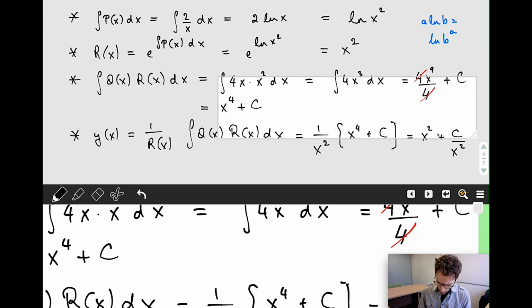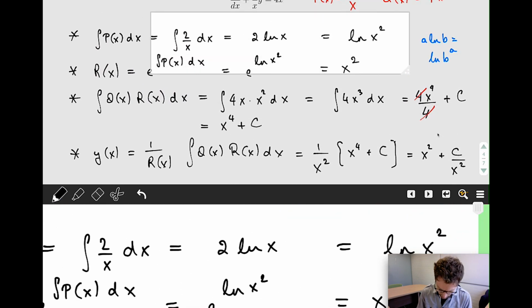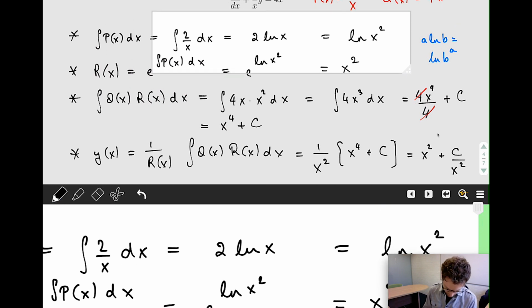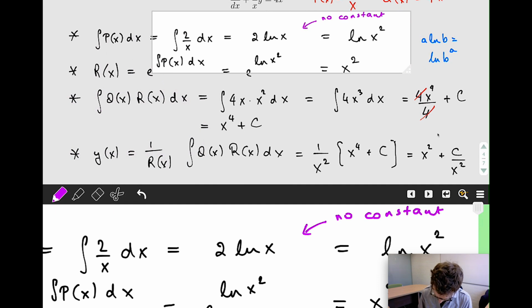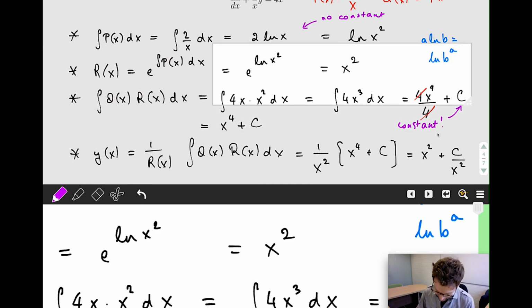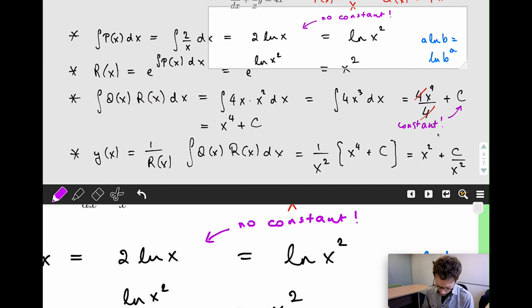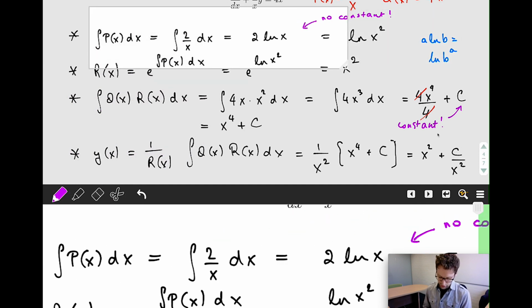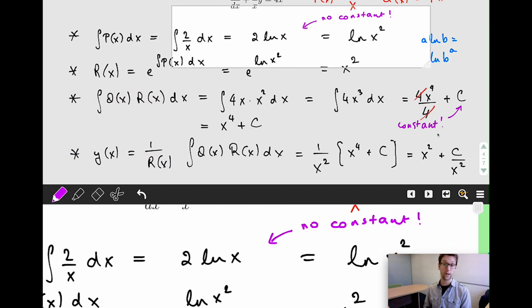Now, I pointed out that we didn't need to include a constant of integration here when we were calculating the integral of p. But I did need to include it here. So let's just prove that adding a constant of integration in the p integral doesn't actually give us anything, and so we're free to leave it out.